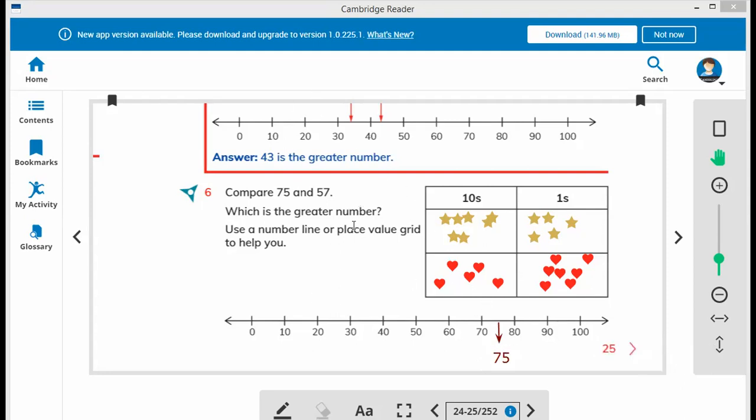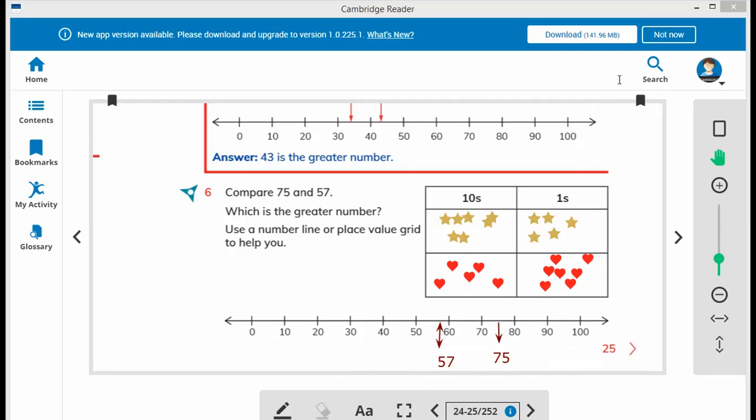And 57 is going to be in the middle of 60 and 50. So we will say here it can be 57. So 57 is near to 0. So 57 is the smaller number. 75 is near to 100. So it is the greater number.